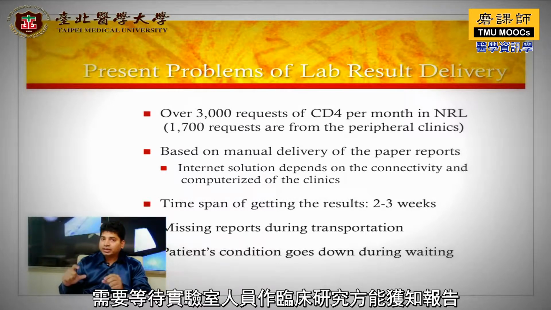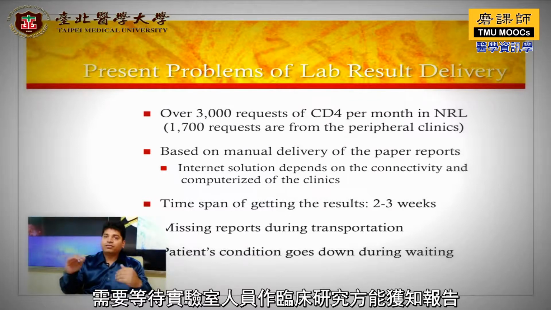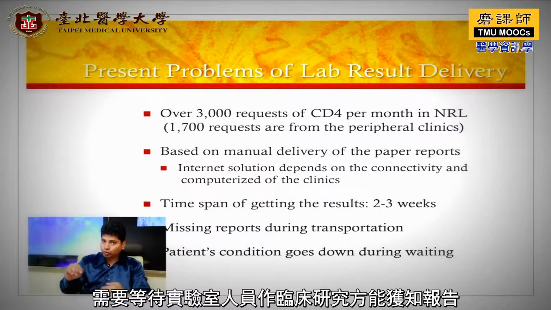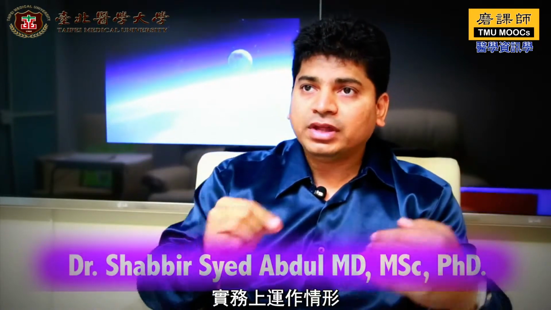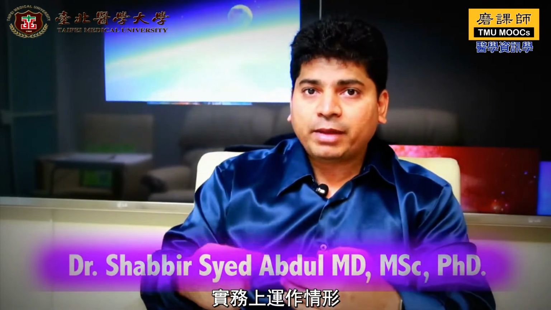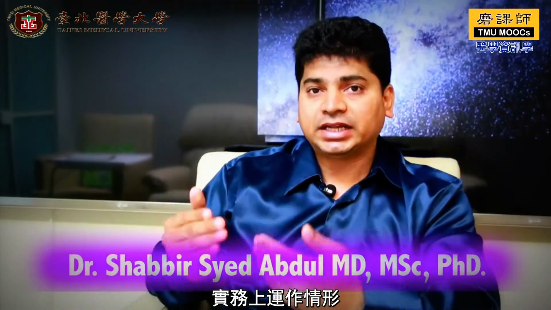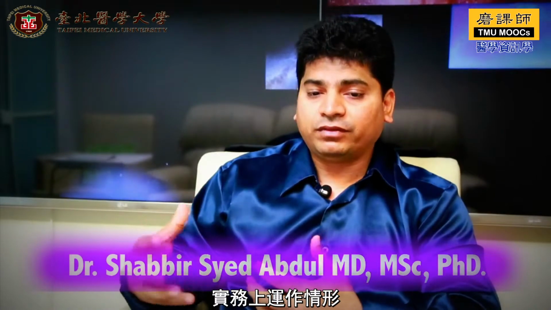However, the results are kept in the pigeon box, awaiting staff from the clinics to come physically and collect the reports. And practically it takes 2 to 3 weeks, because the staff come back to the lab only when they have collected enough samples, so that they give the samples to the lab and collect the results of the previous samples. That is how they work.